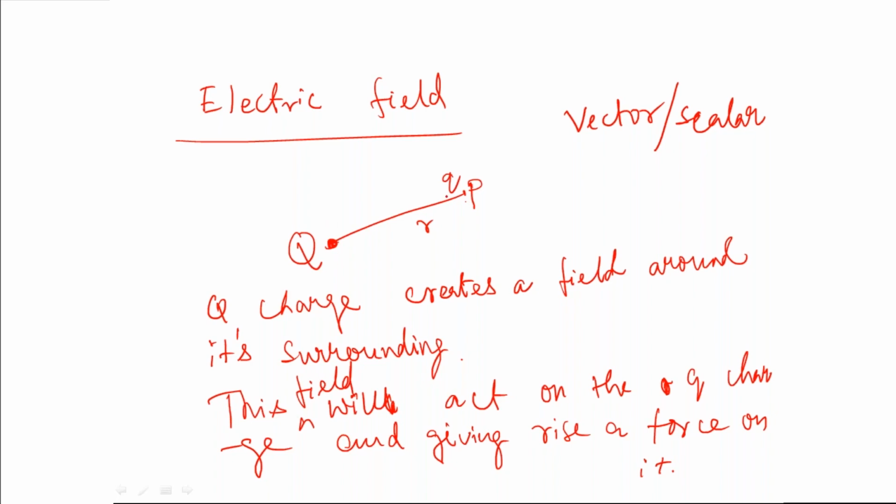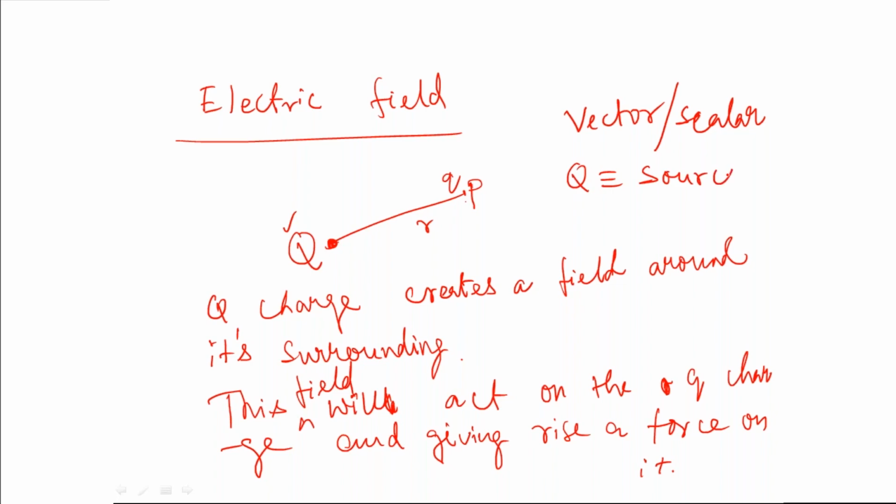So electric field is a physical quantity which is created by a charge around its surroundings, and due to which any other charge brought into that region experiences a force. So field is the cause for this force experienced by the other charge.